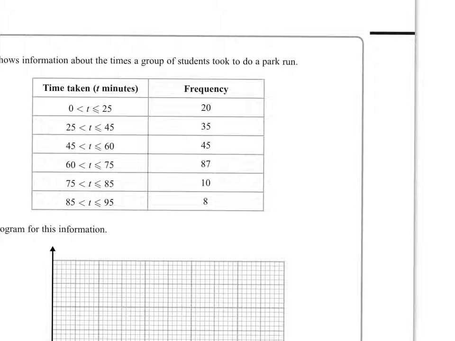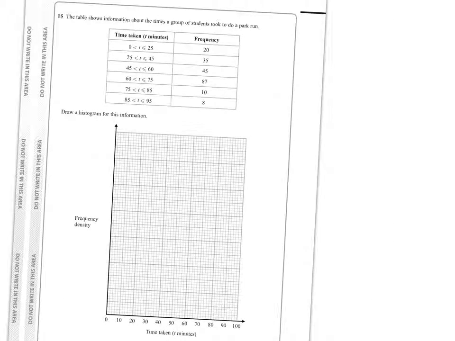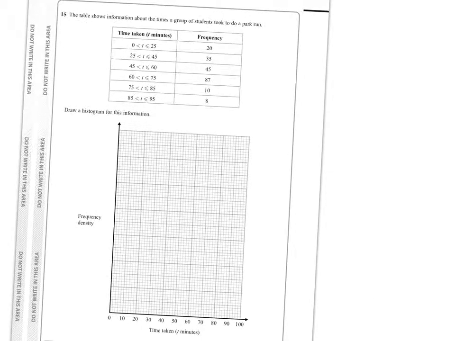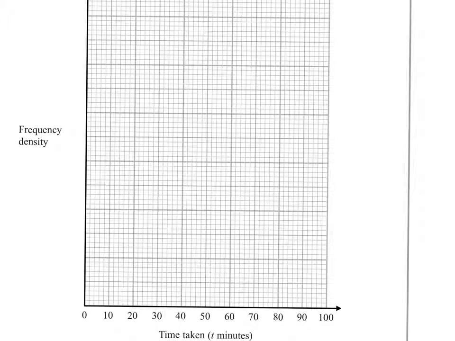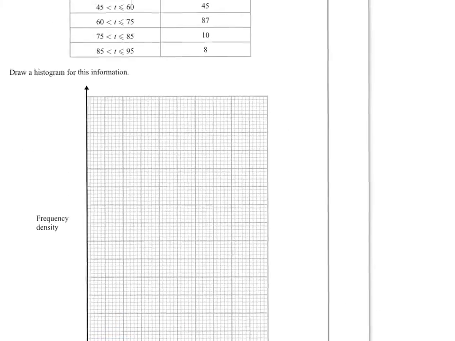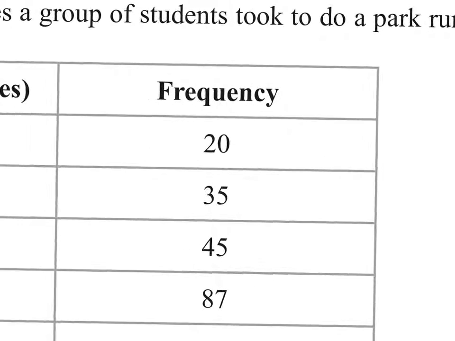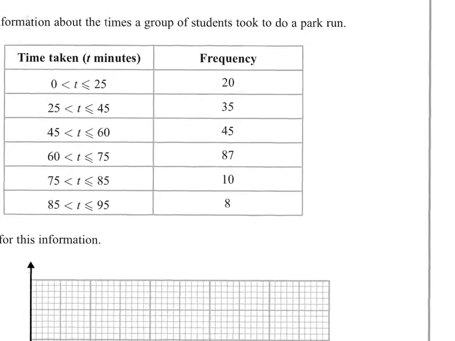I'll just explain the first and the second one, then we can quickly do the rest. You want it going from 0 to 25 on the time axis. So it's having that length of 25, but because the area is 20, which is the frequency, you've got to multiply it by something to give that area of 20, and that's how high it's going to be.